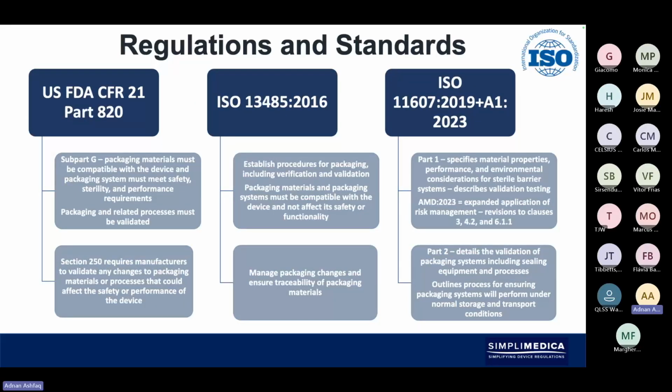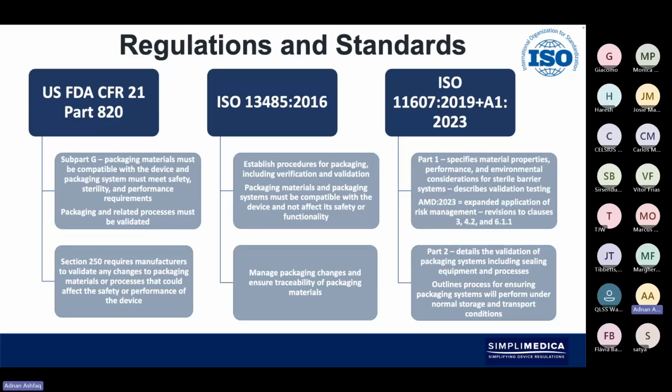ISO 13485 then in various clauses talks about similar things, looking at safety and the functionality of the device and making sure that any changes are traceable and they're managed. And then ISO 11607, which is the standard for terminal sterilization for barriers, is looking at material properties and looking at the sterile barrier systems.